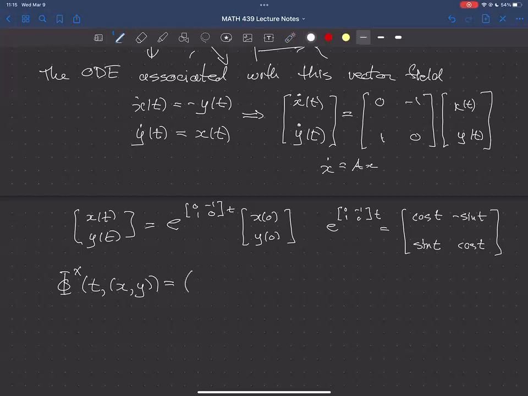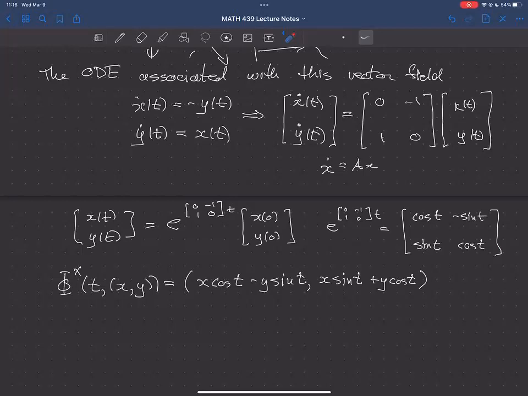And so it's x cos t minus y sin t, and then x sin t plus y cos t, right? All I did was take this matrix and multiply it by x and y, because those are the initial conditions.